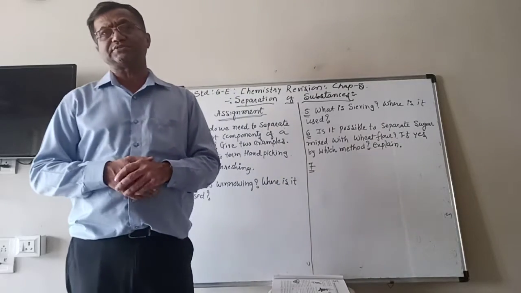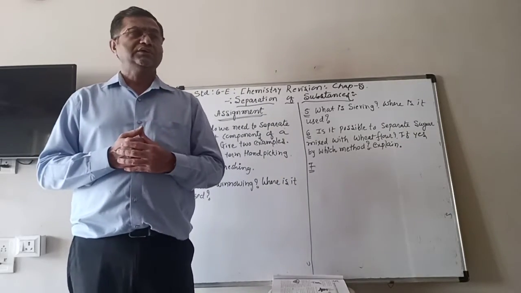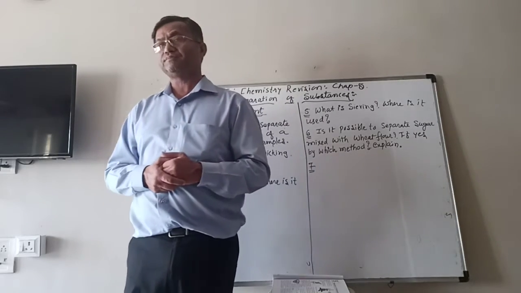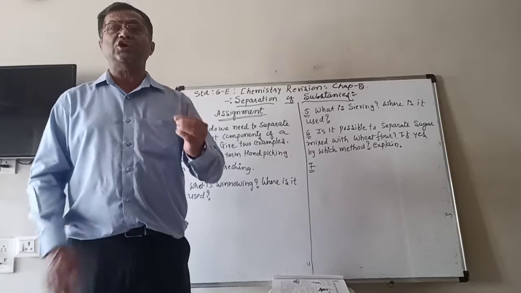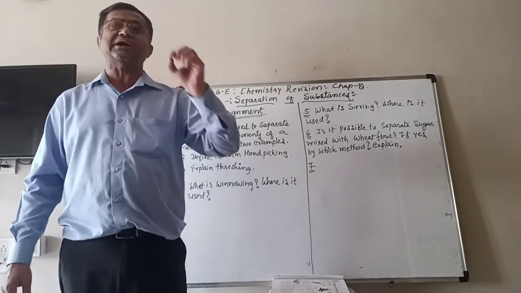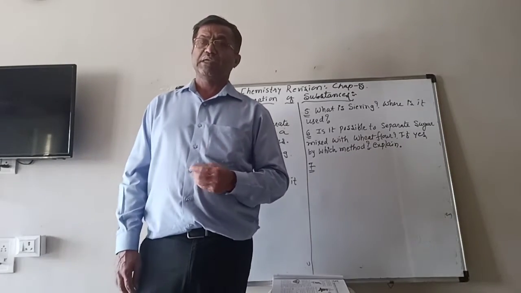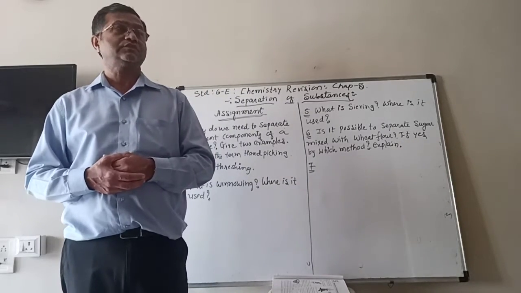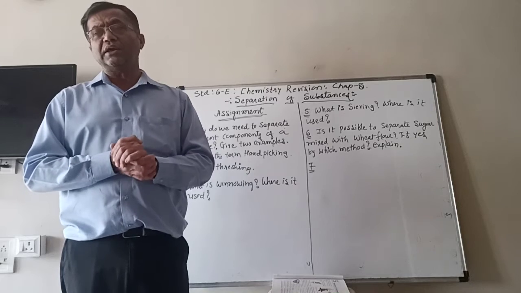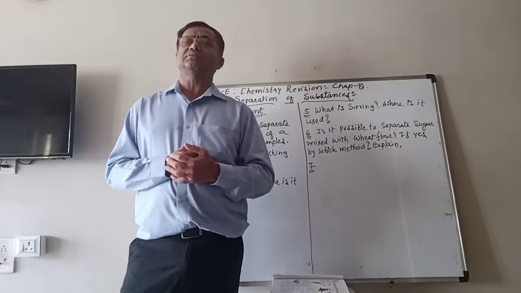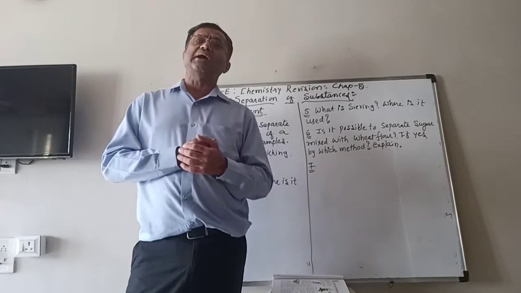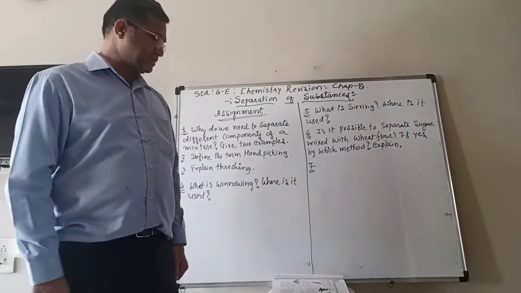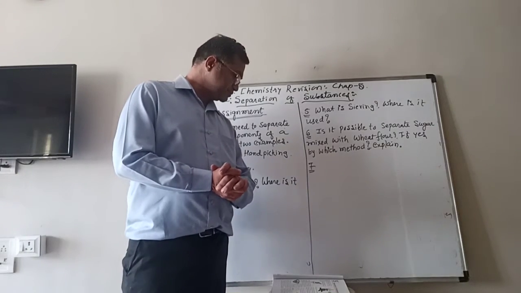But sometimes some pure substances are together, meaning the whole thing does not contain the same type of particles. Then we can say that it is a mixture. So in our daily life there are so many examples in which we need to separate the substances.